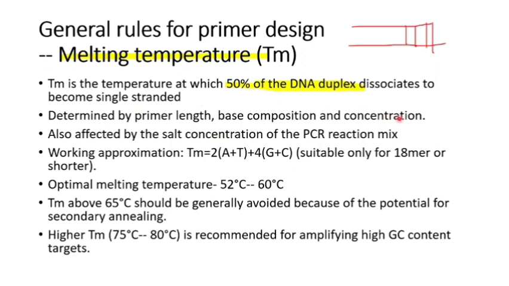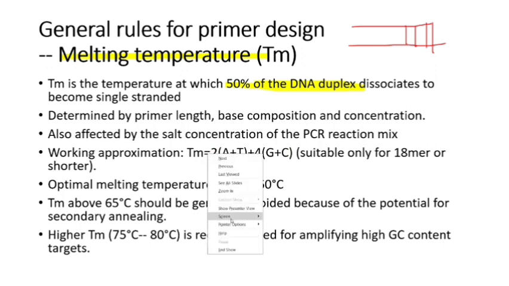So these four parameters determine the melting temperature of the primer: the primer length, what bases are present, A, T, G, C, the concentration of the primer, and the salt concentration of the PCR mix. Usually melting temperature is calculated by this equation.